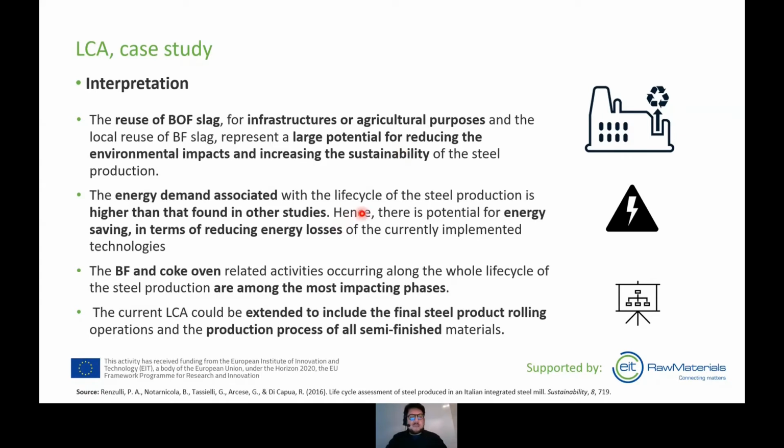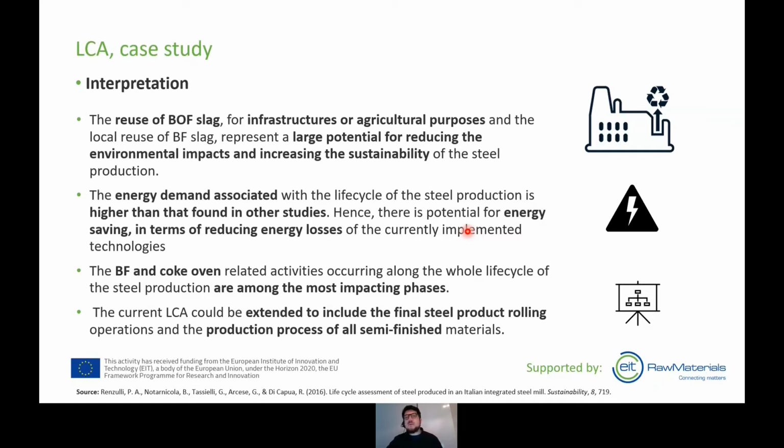They also identified that the results in terms of energy needed for the different processes, or in general in the plant, were higher compared to other studies that they could find in the literature. Even though they did not go into detail, they say it's something that needs more attention, because it's possible that they have more energy needed compared to the others.